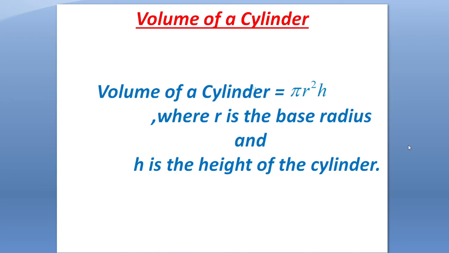We know that the base of the cylinder is a circle and the area of the circle is pi r square. So the volume of the cylinder is area of circle into height. That's why it is pi r square h.